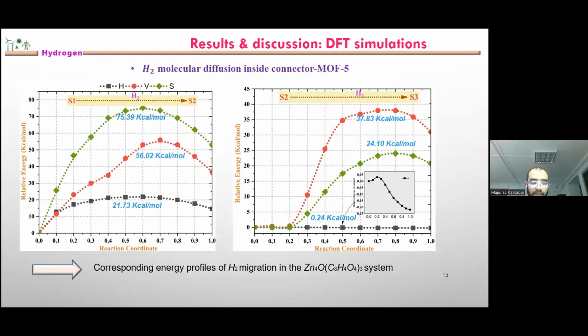Therefore, we simulated the diffusion of the hydrogen molecule H2 via the connector along the pathway between the metallic carboxylic and carboxylic cyclic sites. It's found that the migration barriers of the hydrogen molecule in sloping orientation are higher than those of diffusion along the horizontal and the vertical orientation.